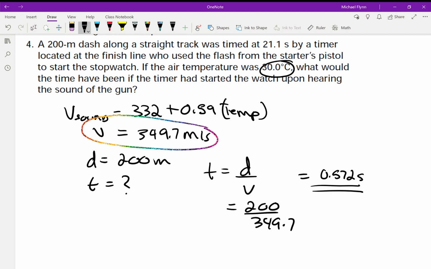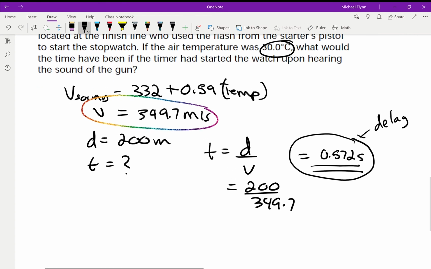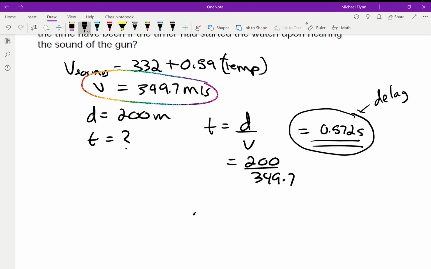And so what's going to happen is, they've already started running. The runners start running, but this person has delayed starting their stopwatch by this amount because they waited for the sound to reach their ear. They didn't use the flash of light, which would arrive instantly. So this is a delay in the starting of the stopwatch. Therefore, the time for the race will be shorter.